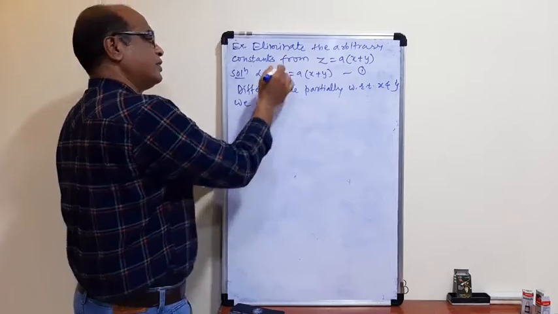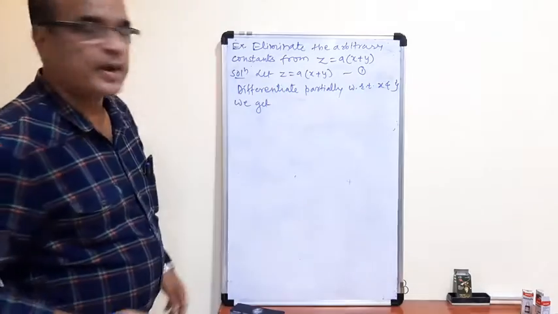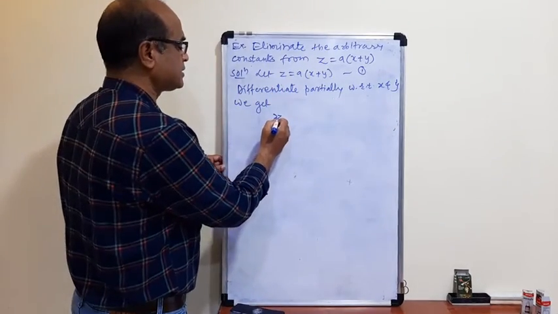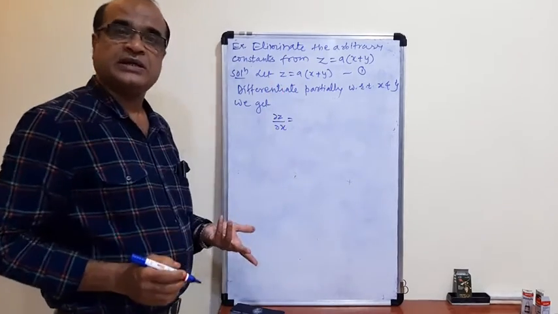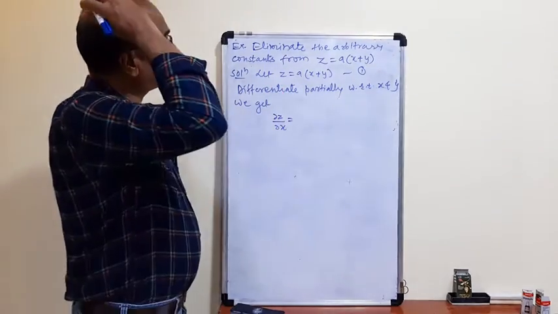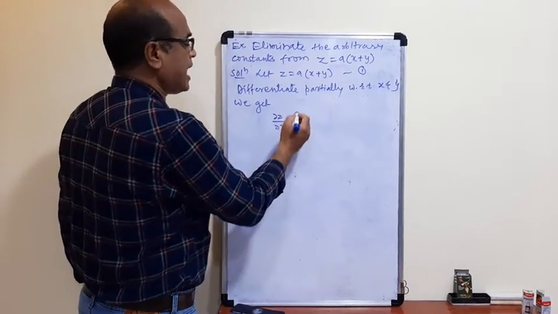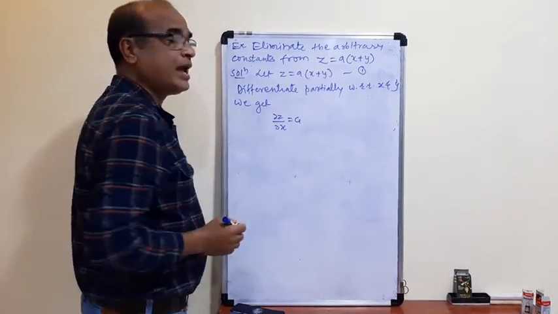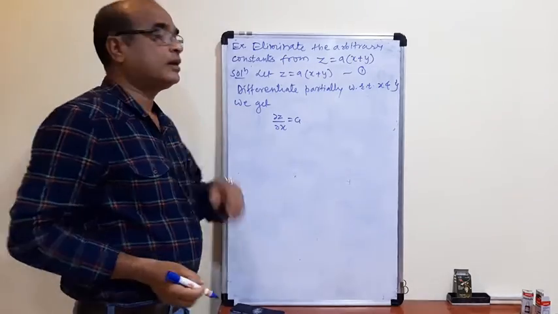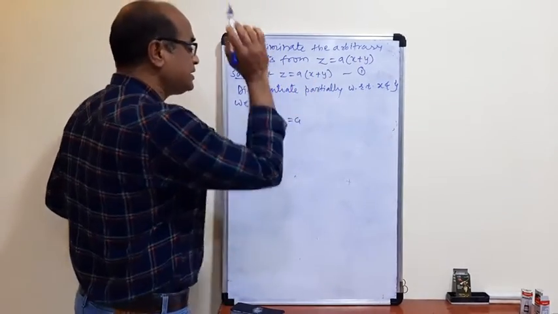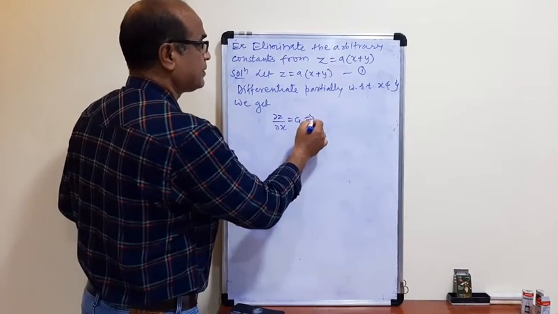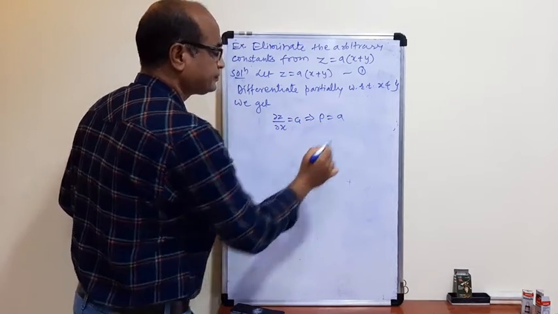So what is the derivative of this with respect to x? That is ∂z/∂x, with respect to x, keeping y constant. The derivative of a is as it is. What is the derivative of x with respect to x? 1. What is the derivative of y? 0. So a into 1 is a. So this implies that p is equal to a.